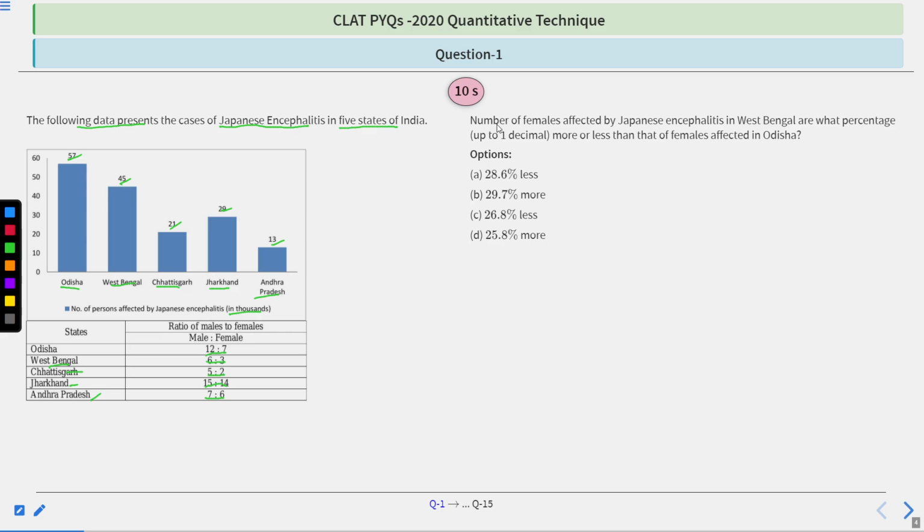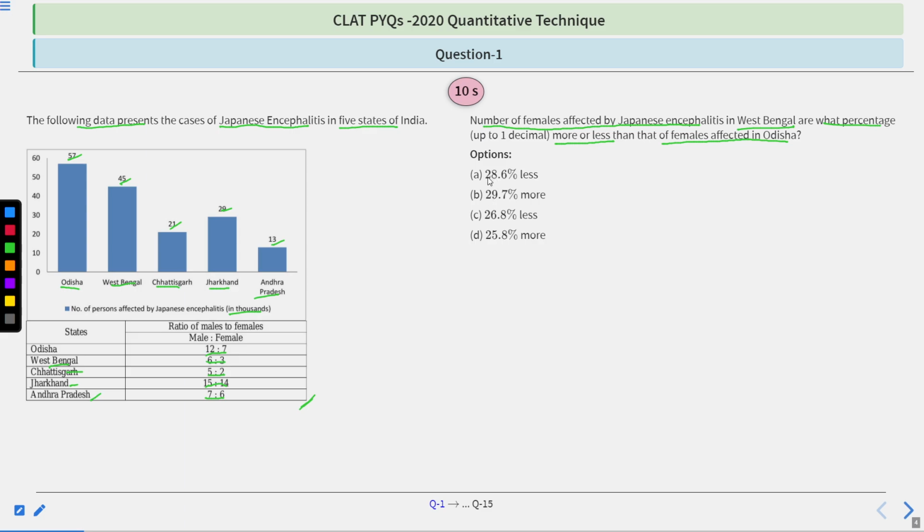Now the main question is asking: the number of females affected by Japanese encephalitis in West Bengal is what percentage more or less than that of females affected in Odisha. I hope the information presented and the main question are clear to you.